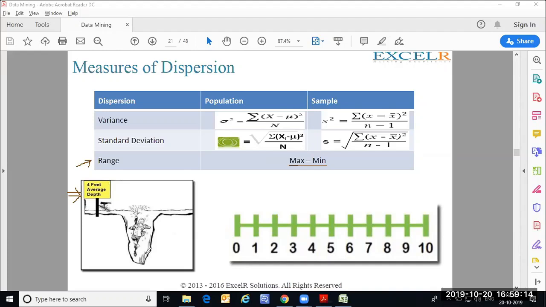And there are some evacuation teams who are moving the people from the flooded areas to the safe areas. And they have to cross this river. On one bank of the river, there is a caution board saying the average depth of the river is 4 feet. Now, can you afford to cross the river by looking at the caution?